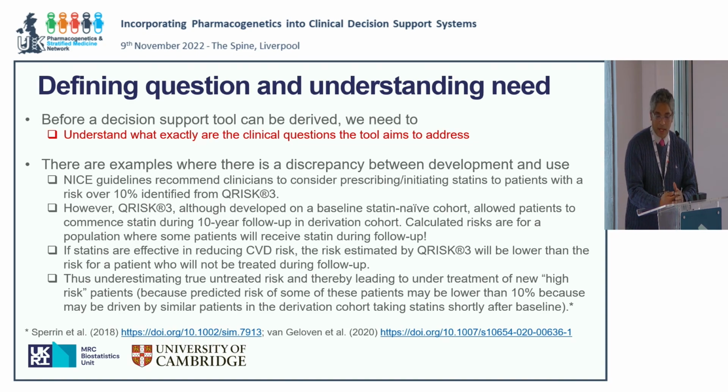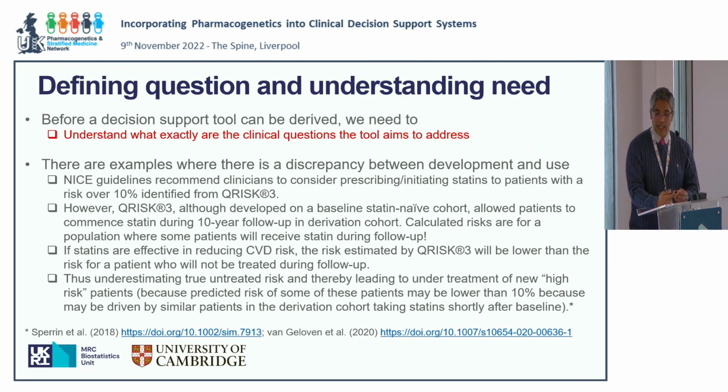However, QRISK3, although developed on a baseline statin-naive cohort, allowed patients to commence statins during 10-year follow-up in their derivation cohort. So the calculated risks are for a population where some patients will receive statins during follow-up.